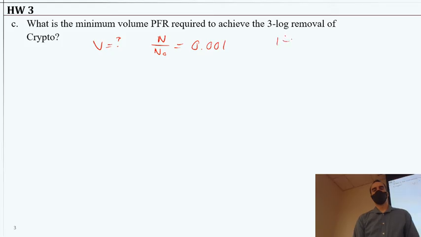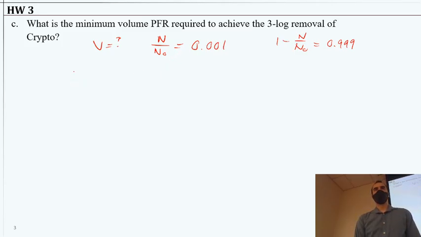If you wanted to, you could start with the fact that 1 minus n over n naught should be 0.999. It's another way to look at 3 log removal. But you could also just say, well, if you remove 3 logs, that means there's 1,000 times less, so the amount remaining in the first place is 0.001.